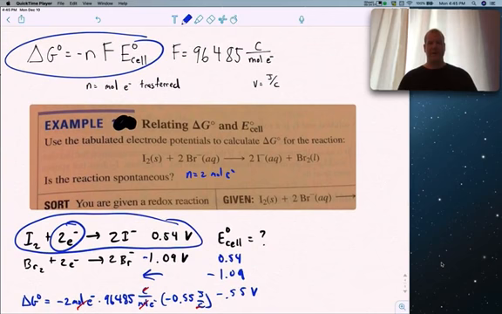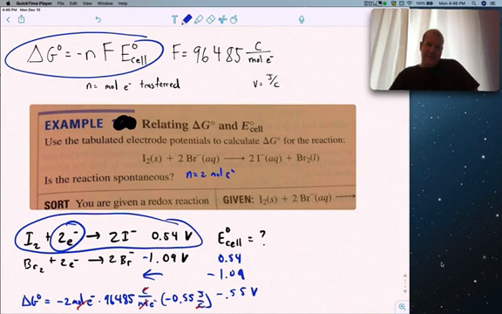So recap with this one. We're given this equation. Using the tabulated values there, we keep iodine as is, but we have to flip the bromine, and then we calculate the potential to be negative 0.55 volts. We apply that equation. The delta G0 is minus nF E0 cell. n is the moles of electrons transferred.